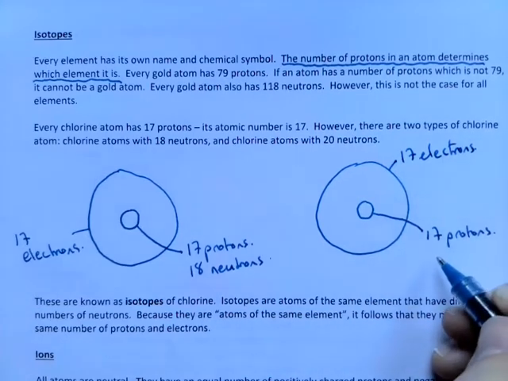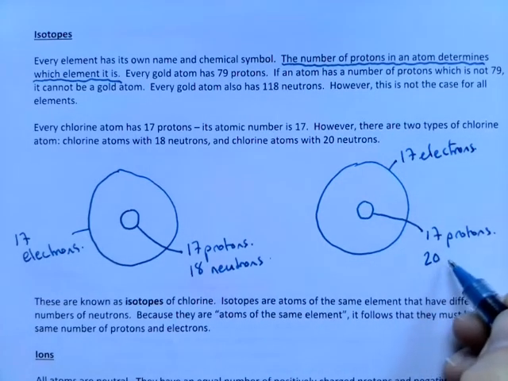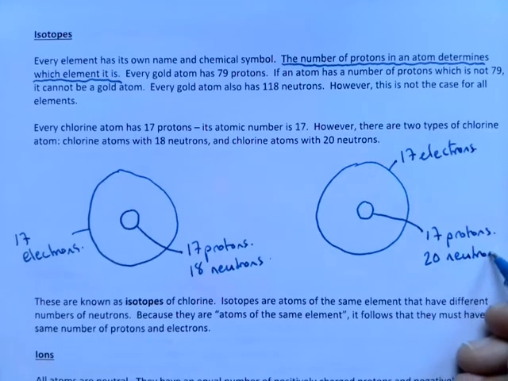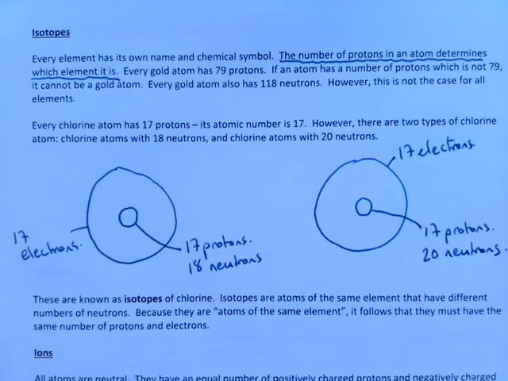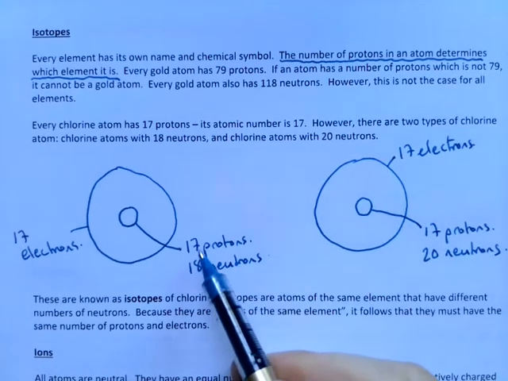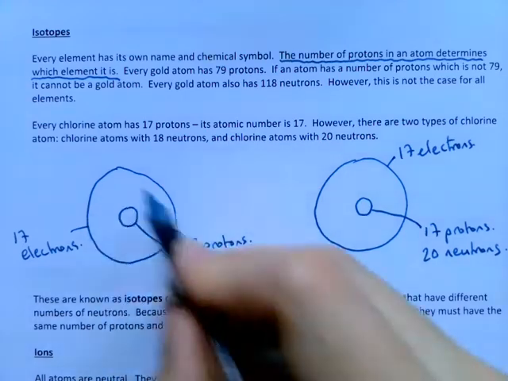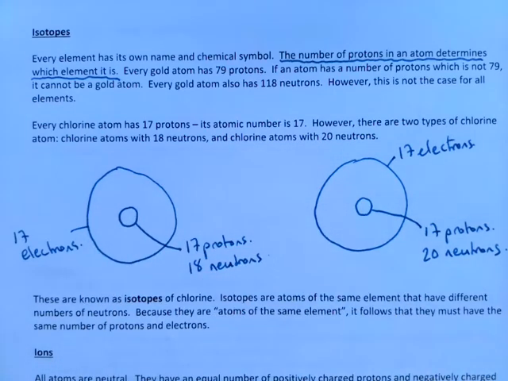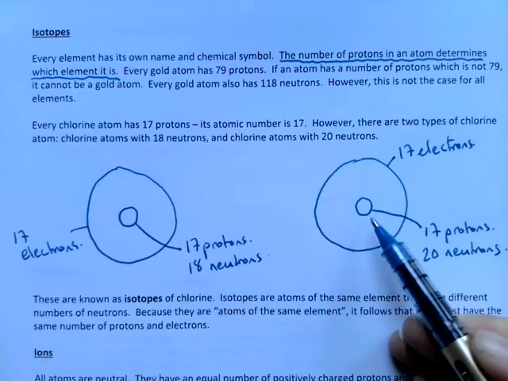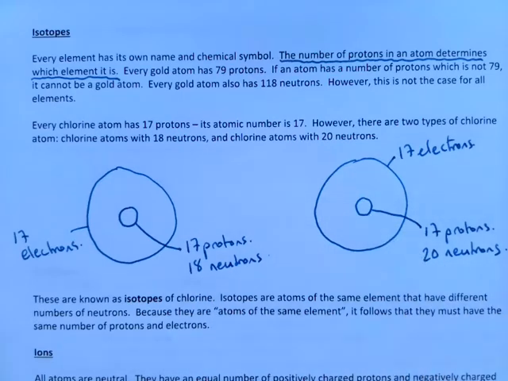However, in this atom of chlorine, I've got 20 neutrons. So, because they've both got 17 protons, they're both atoms of chlorine. Remember, the number of protons tells you which atom it is, which element it is. And if it's 17, it must be chlorine. So this one here is chlorine with 18 neutrons, and this one here is chlorine with 20 neutrons.